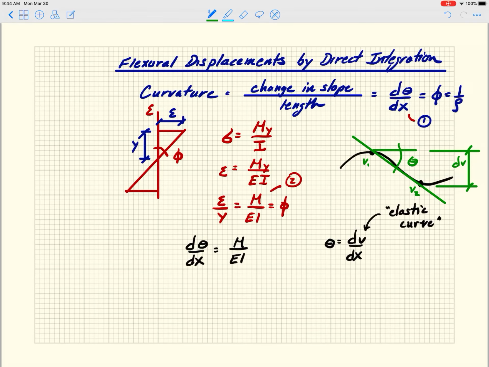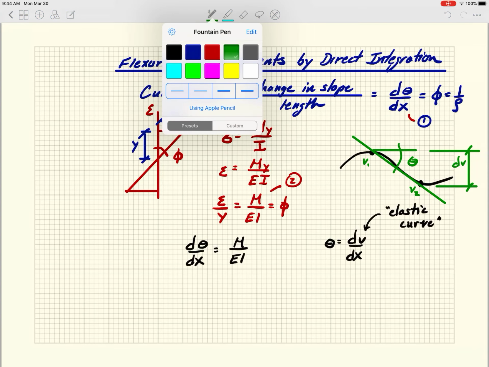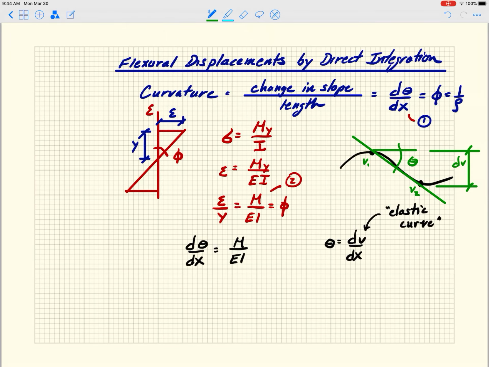So this guy is sort of V1 and V2. Don't ask me why it's V. Generally, U is a displacement in the X direction, V is a displacement in the Y direction, and W is a displacement in the Z direction. So that's dV, and then the horizontal distance between these points is dx.